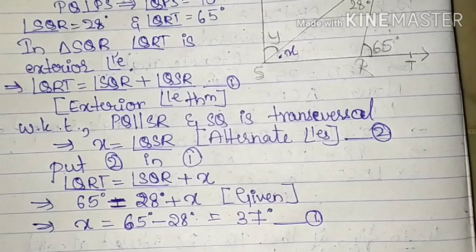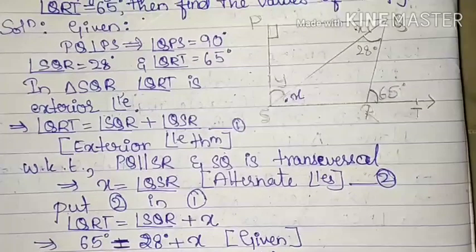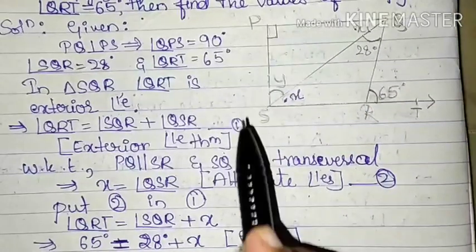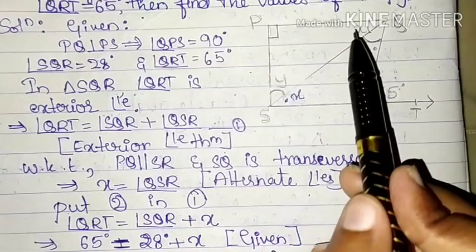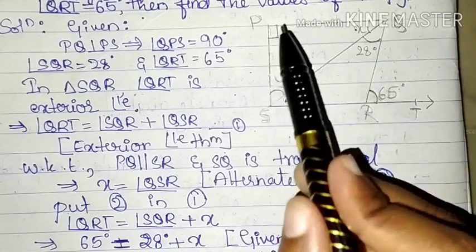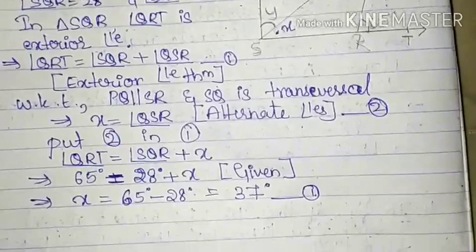Now in the upper triangle, that is this triangle PQS, we are supposed to find the value of y. We found x is equal to 37 degrees. So now to find y, let us consider the triangle QPS.